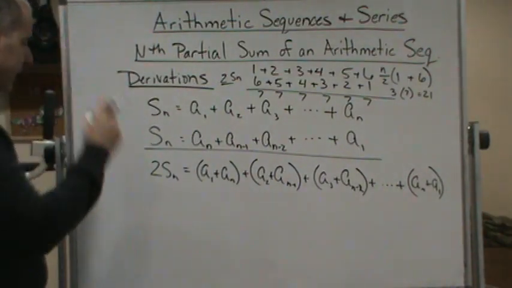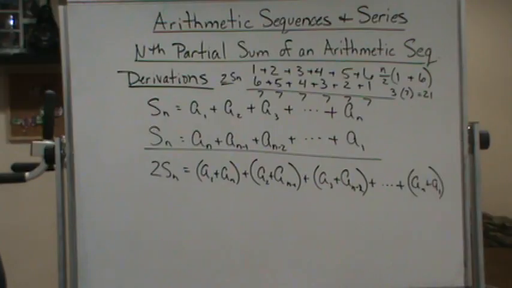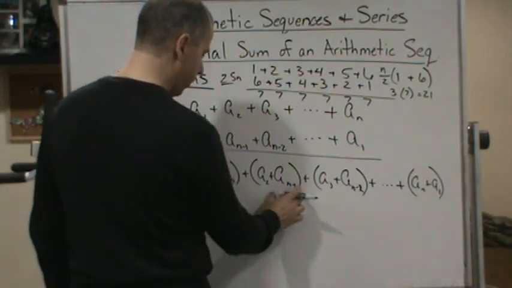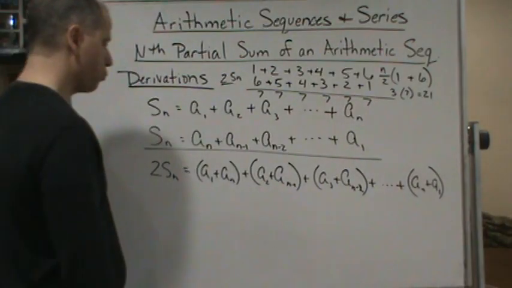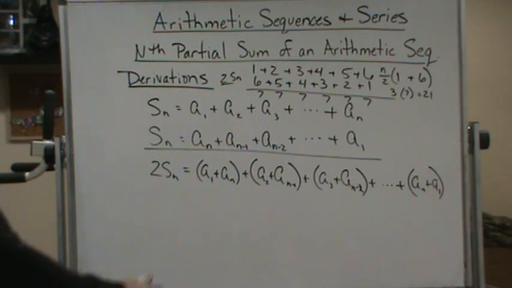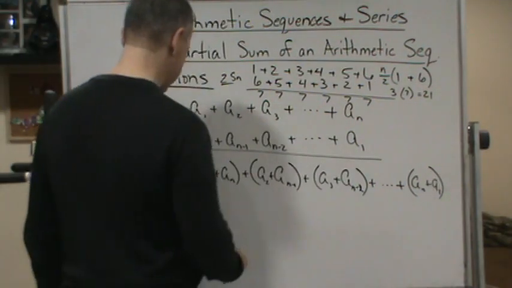So in this case, how many of these pairs are we going to have? We're going to have n of them, right? Because we have n terms.